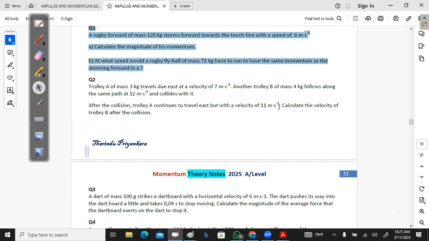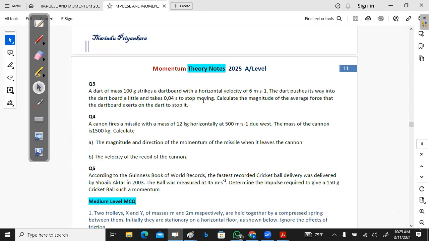Let me move on to another calculation, because this is a collision. For collisions, we can't do without knowing the law of conservation of momentum.